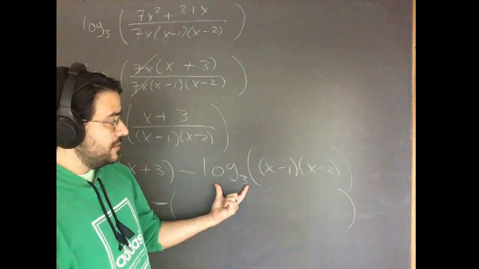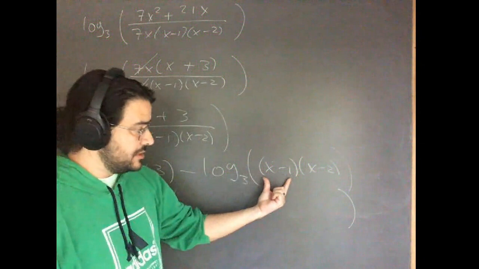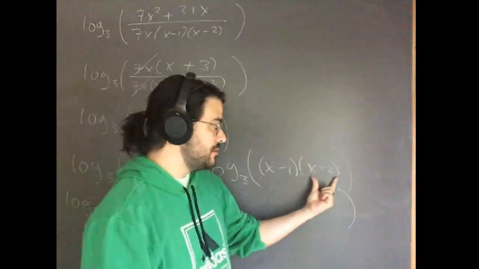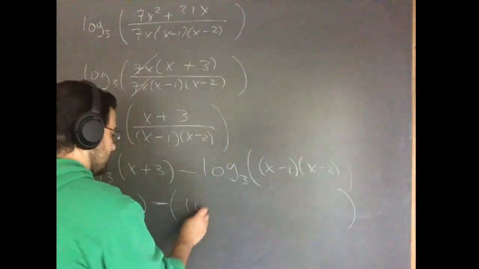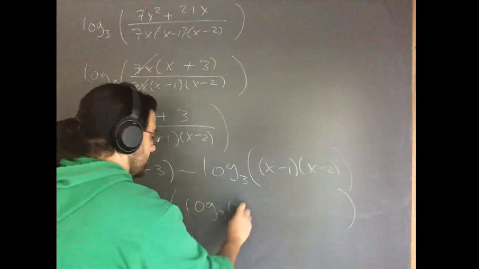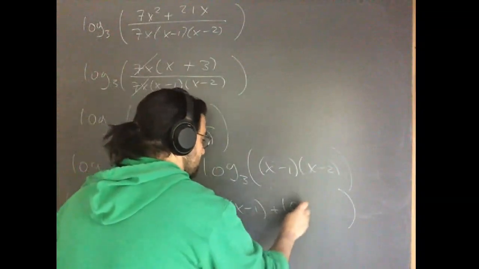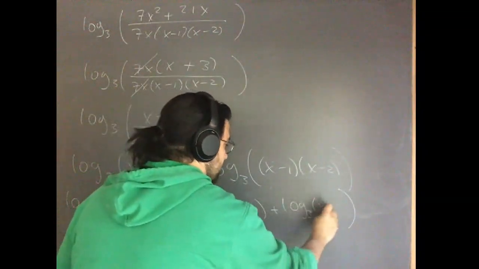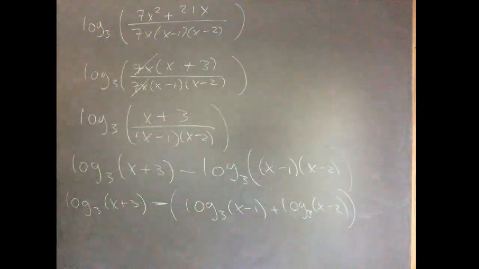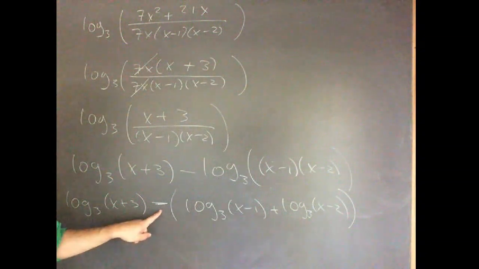Here is log base 3 of x minus 1 plus log base 3 of x minus 2. Okay, so now let me distribute this negative sign.